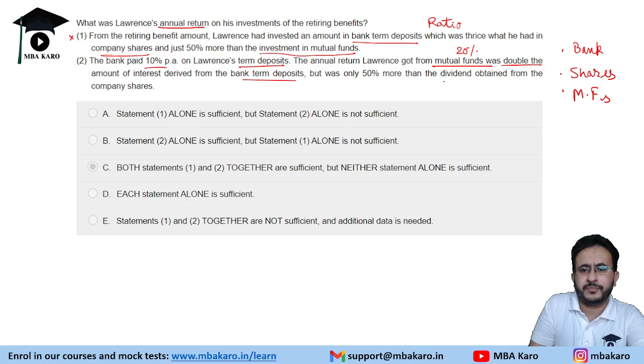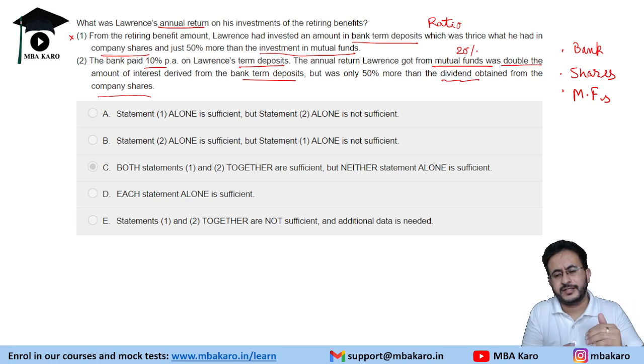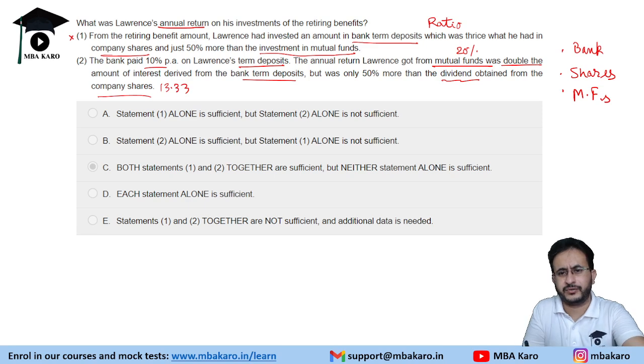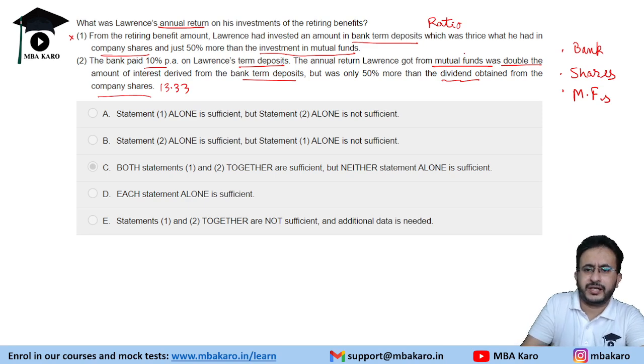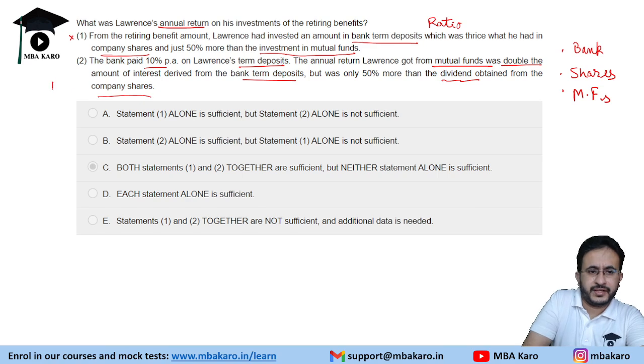So that means it is 1.5 times, and we can say the dividend from company share is also known, it will be 13.33%. Okay, so you do not need to calculate all these. So we know the returns.